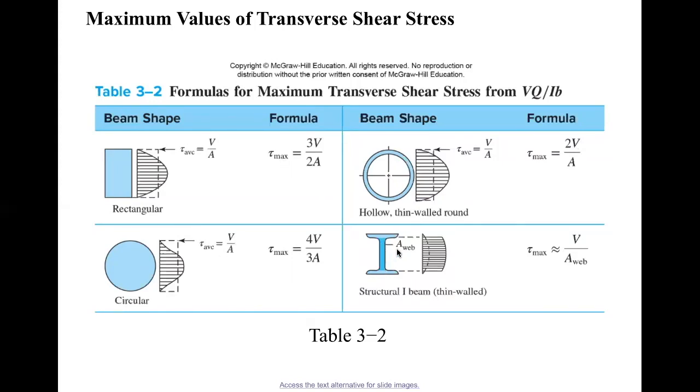You can see the maximum shear. This is a stress distribution. On the surface, the shear stress is 0. So it depends on the cross-section area, and the transverse shear stress is different.